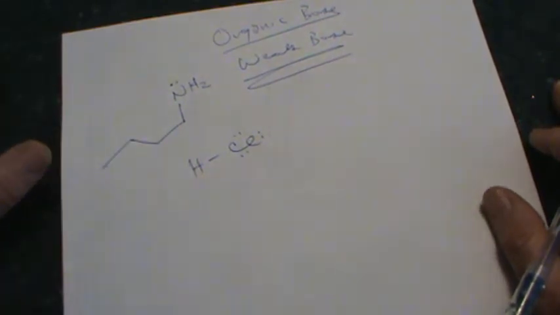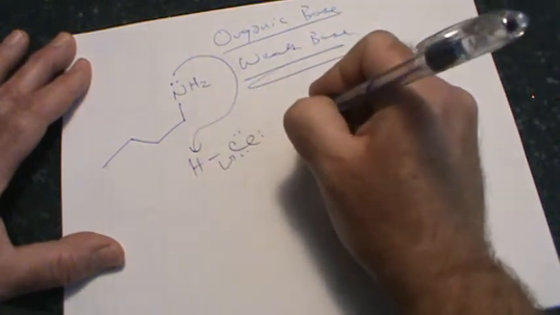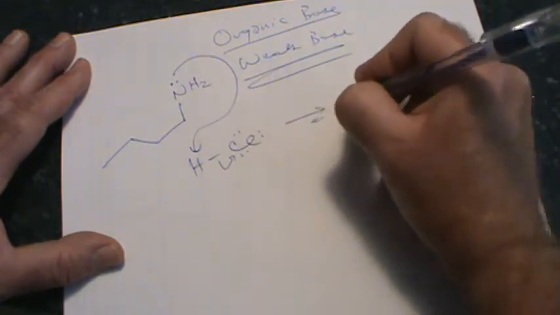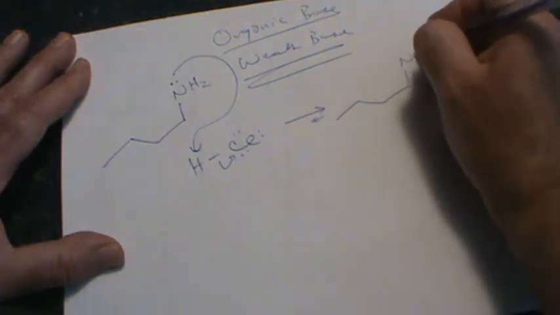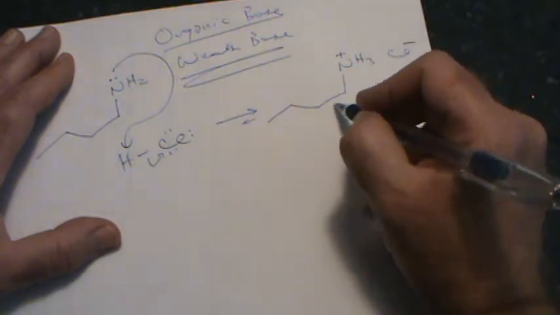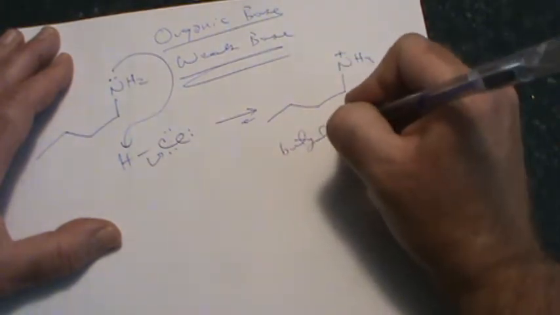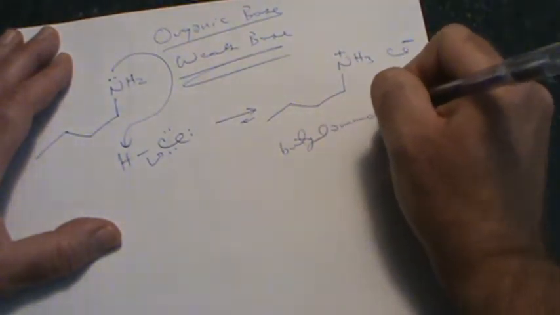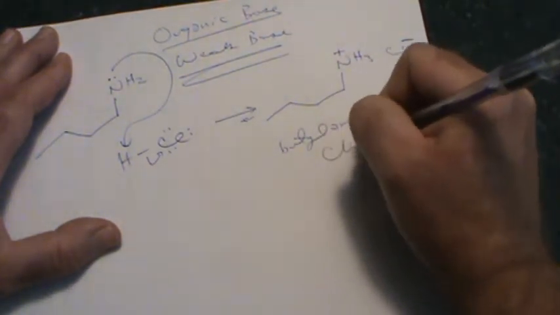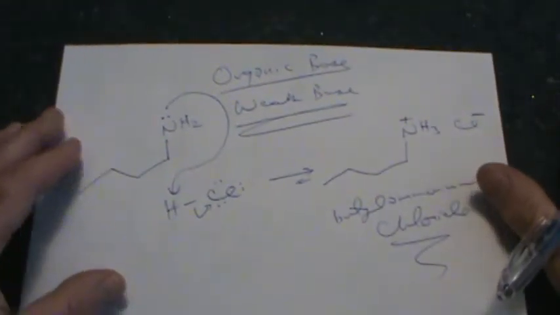The amino nitrogen has a lone pair which can pick up the acidic proton and give you a protonated ammonium ion. And this would now be an ammonium chloride, more specifically a butyl ammonium chloride, because there's a butyl group there.